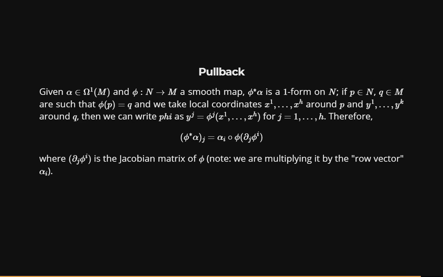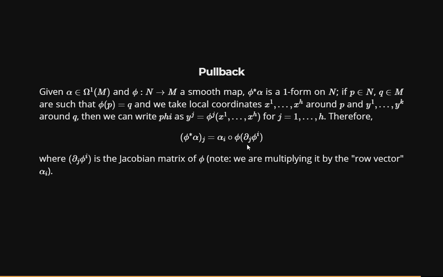Now the pullback of a differential form works exactly the same way. So we take local coordinates here and there, and we end up with the same formula. The pullback of alpha is this thing.